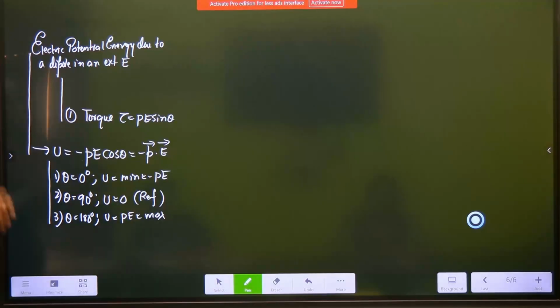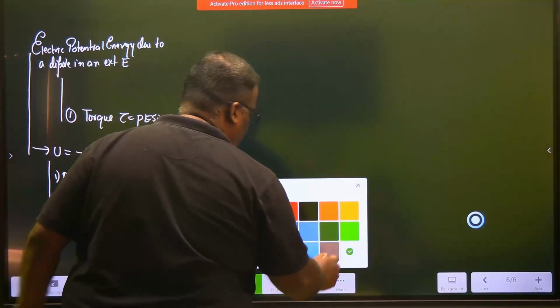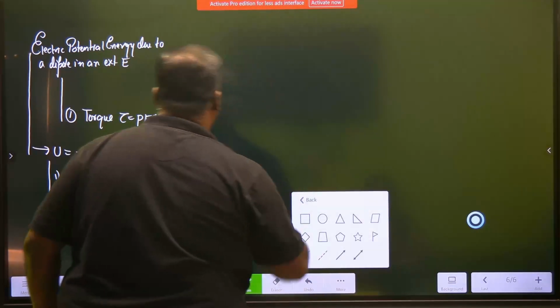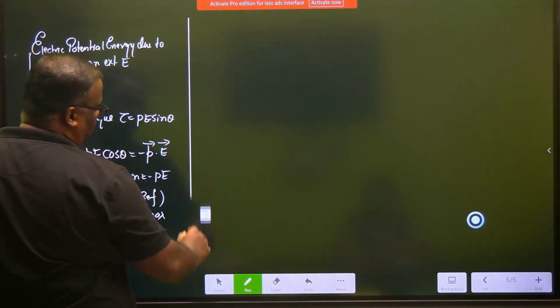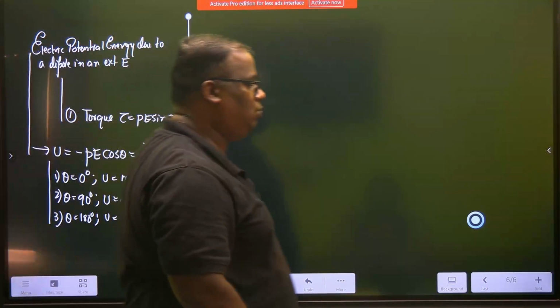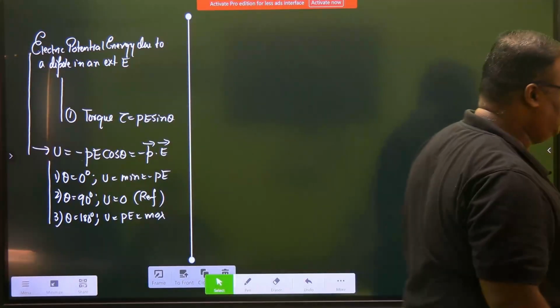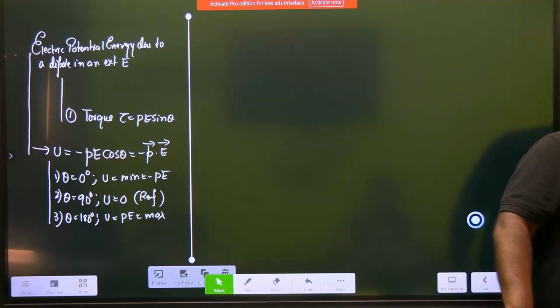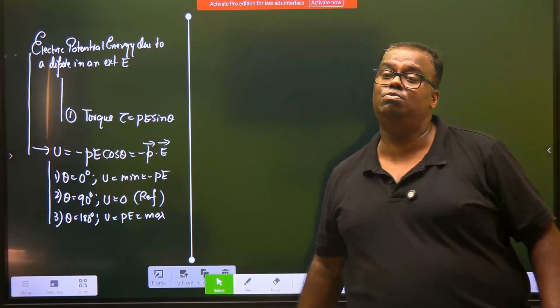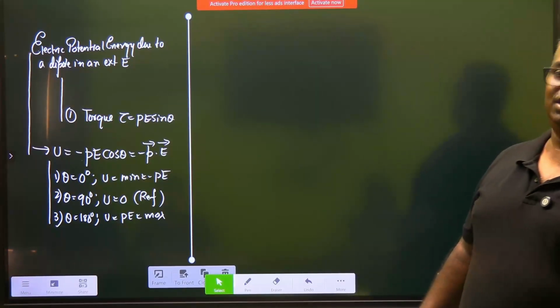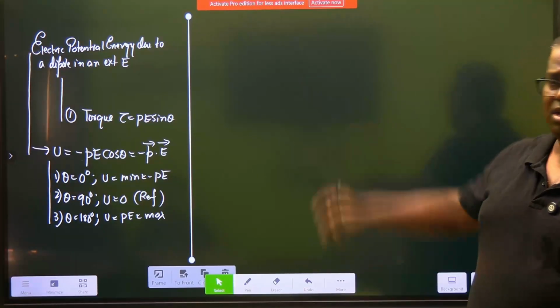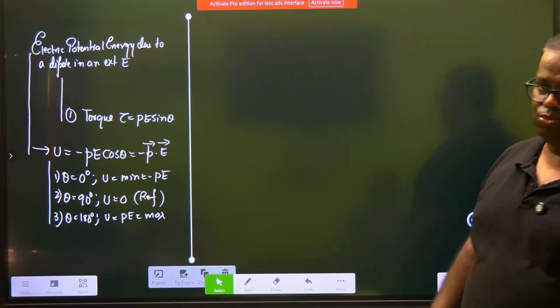Have you understood? Now, our next derivation is trying to understand the same thing using our previous class. In the previous class, we studied the electric potential energy of a system of two charges placed in an external electric field. That's the same. A dipole can be called two charges.